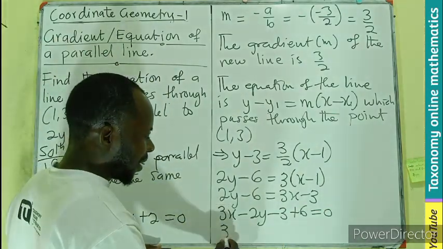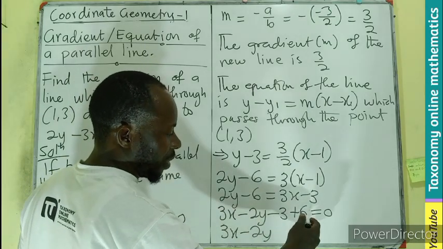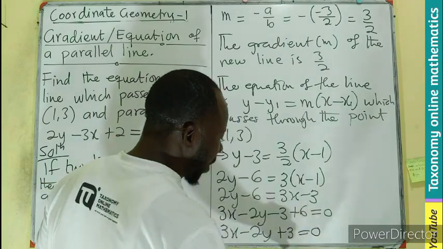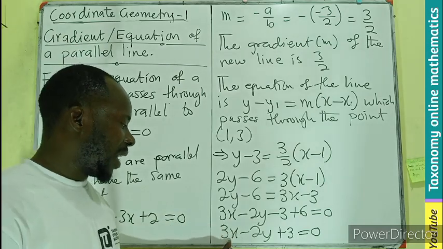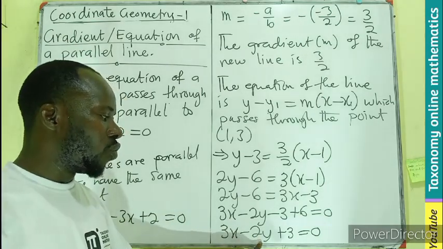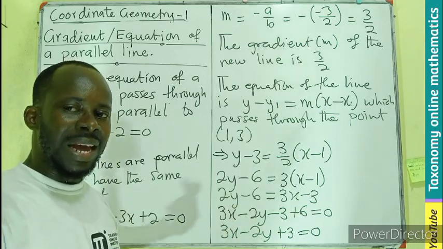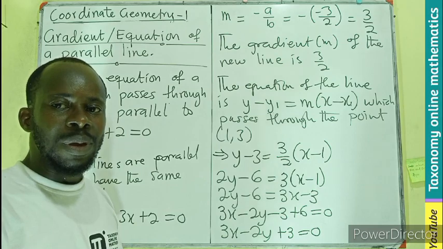I'll be having 3x minus 2y, and negative 3 plus 6 will give you positive 3, equals 0. So writing this in the general form, this will give us 3x minus 2y plus 3 equals 0. We can also write this in the slope-intercept form, which will still be the same equation.